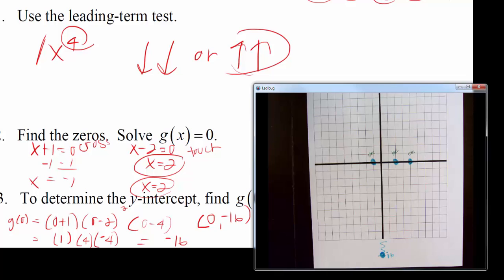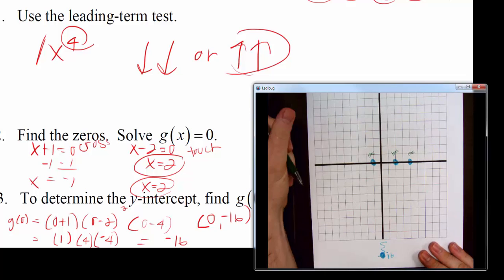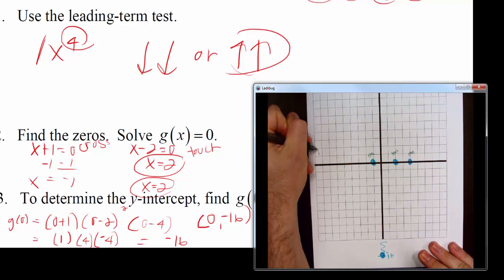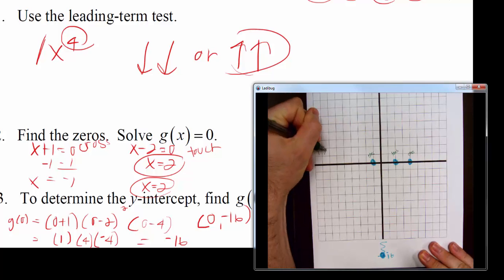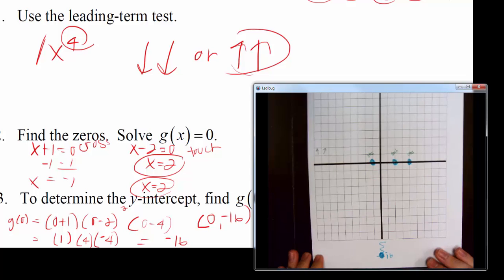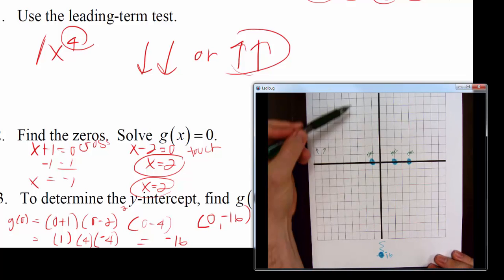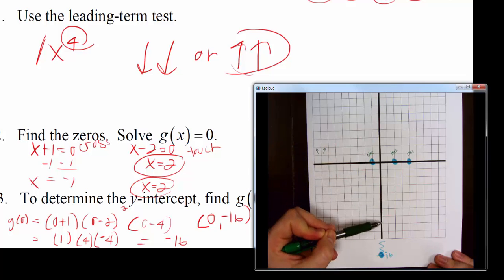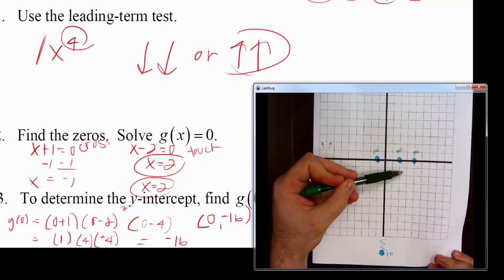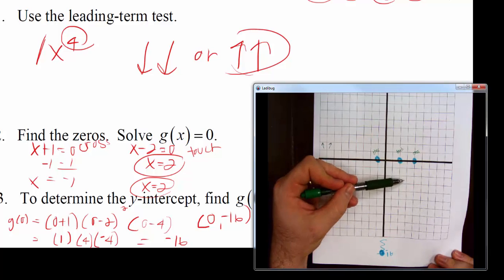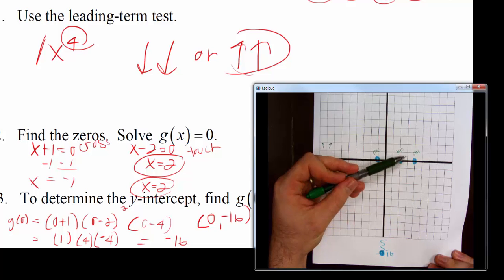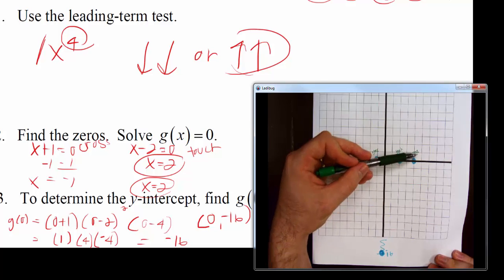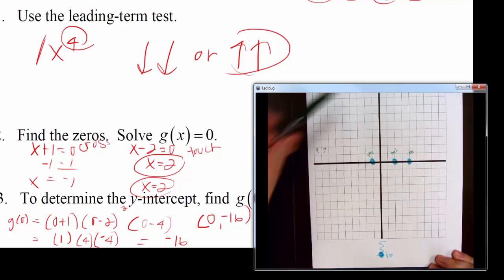And I know that my end behavior looks something like this. They're going upward in the same direction. So I would have to start here, come down and cross through that y-intercept, touch and go the opposite direction, and then come back through this point right here and go up, finish upward.